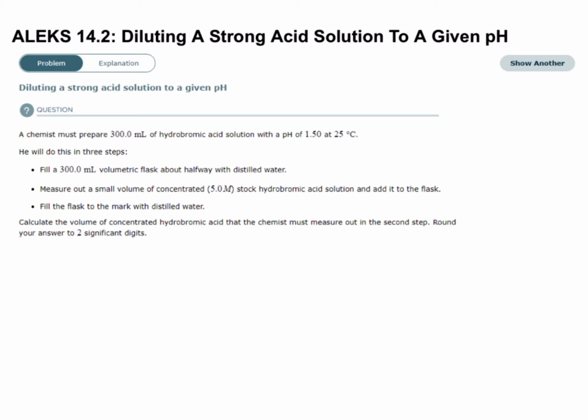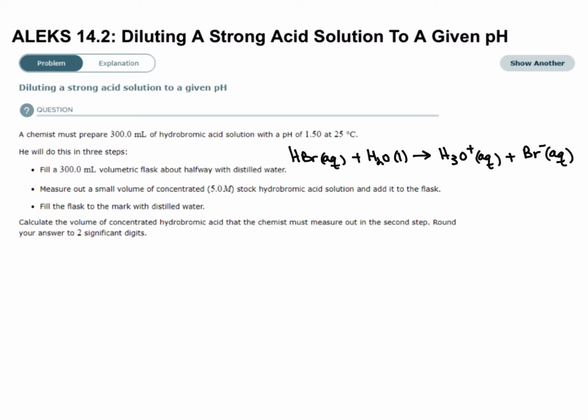So the first thing I want to do is come up with a balanced chemical equation. So when I dissolve HBr in water, I get H3O plus and Br minus.